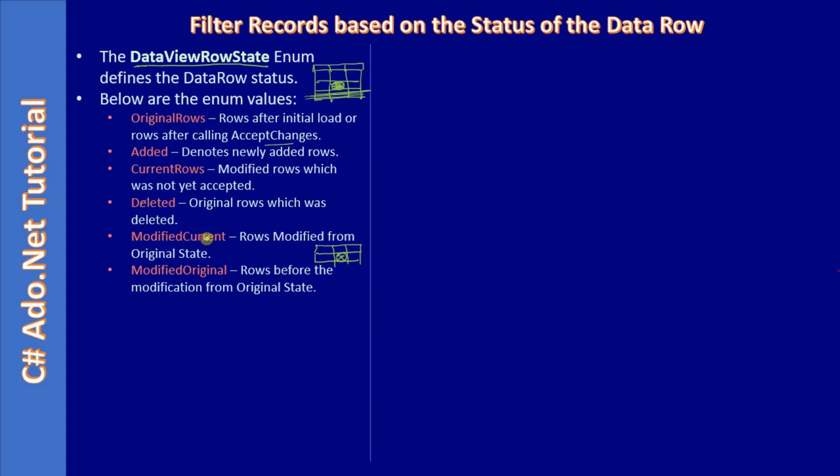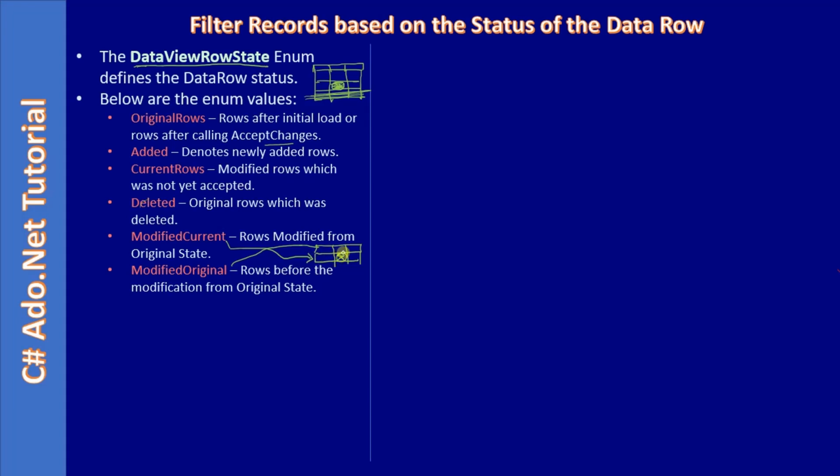Now modified original will be rows before the modification. It will denote this row, and modified current will denote this one, right? This is the modified current. That means we can take both.